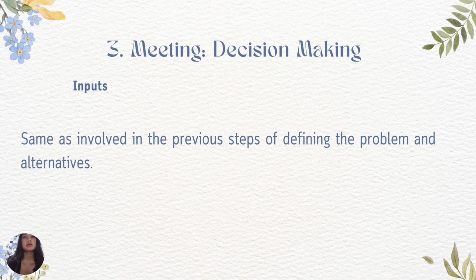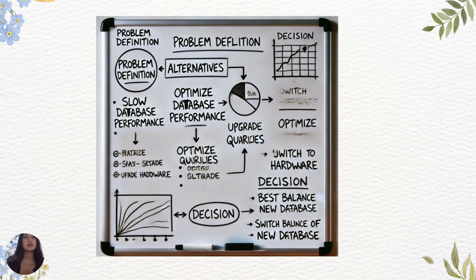And then we're going to proceed with this one. I have a whiteboard here mapping out the problem definition. So in the circle we have the problem definition, and then we go to the process, which is the alternatives. What are those alternatives in a problem definition?